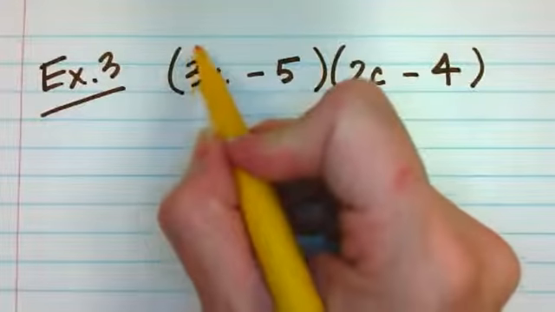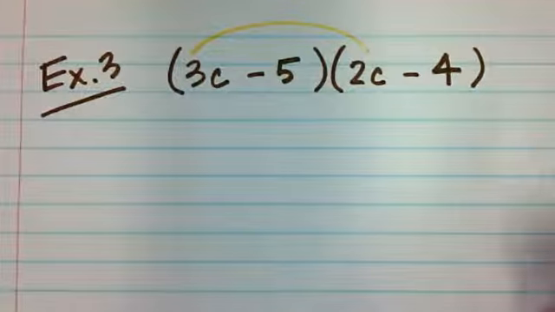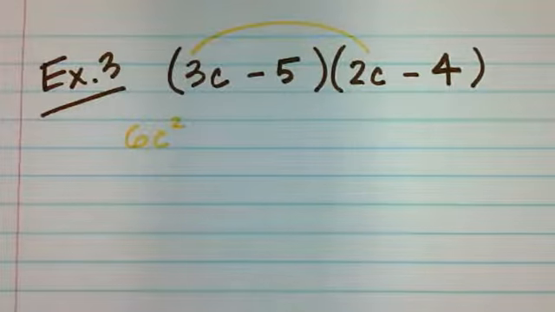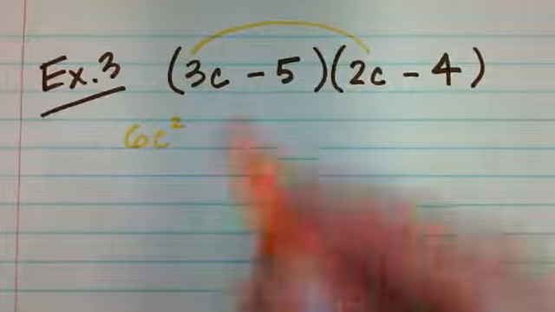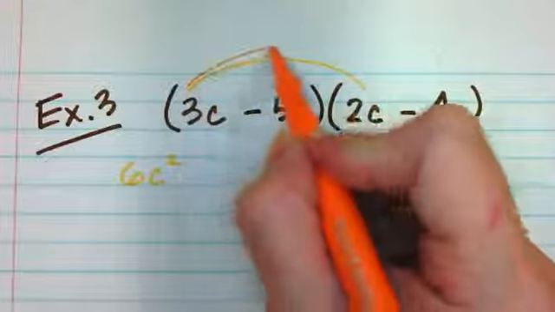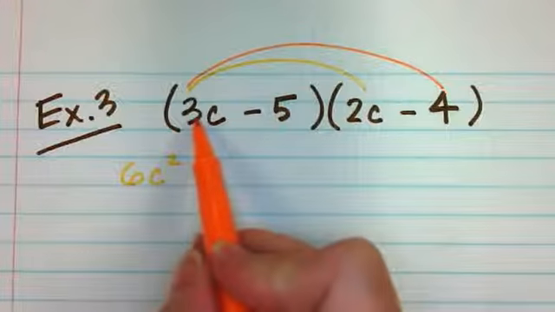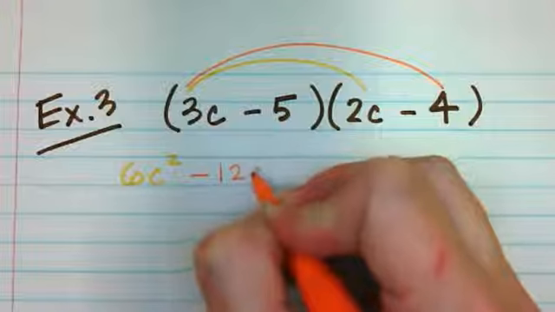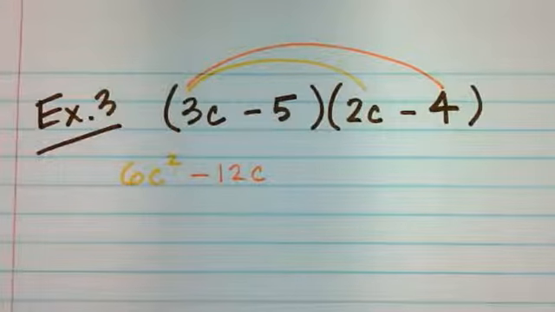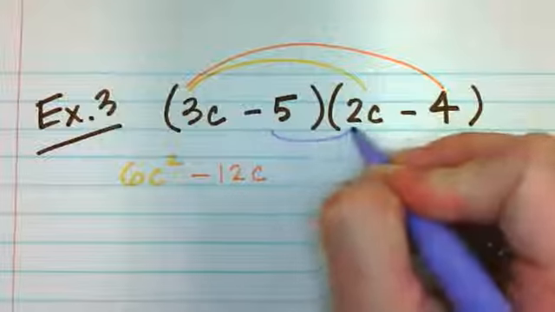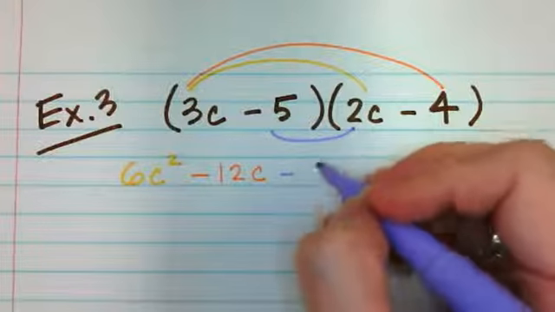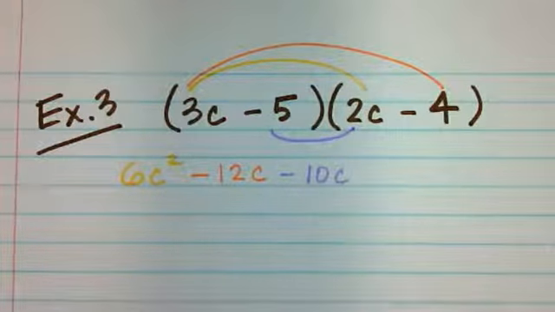All right, if we FOIL, we multiply the first terms together, and that's going to be 6c squared. O in FOIL represents the outside term, so we multiply 3c times negative 4, which would be negative 12c. The I stands for the inside terms, and that would be negative 5 times 2c, which would be negative 10c.